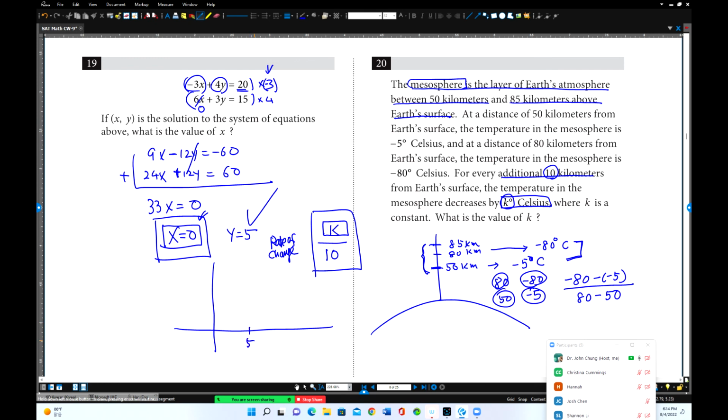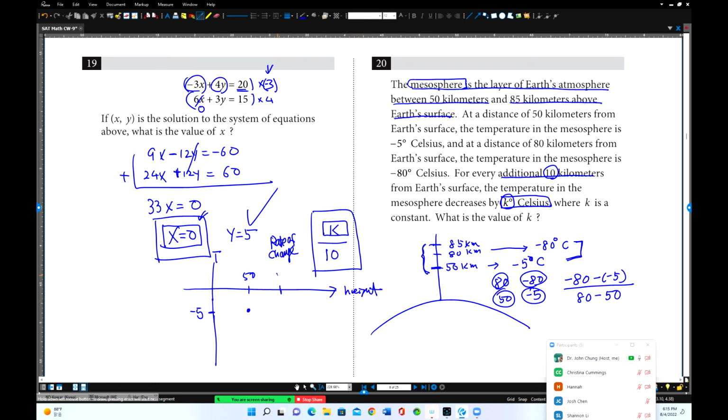When this is 50, that is -5 degrees; that is temperature, that is the height.